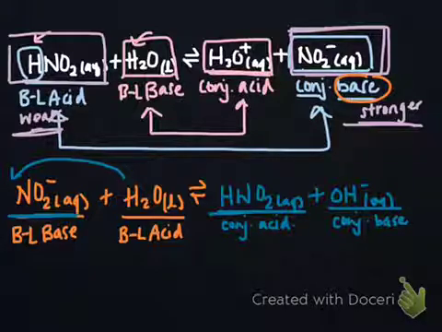Okay, and this reaction sort of blends two acid and base definitions together. If you think about it, this example also gives you an idea of the Arrhenius definition in some ways.